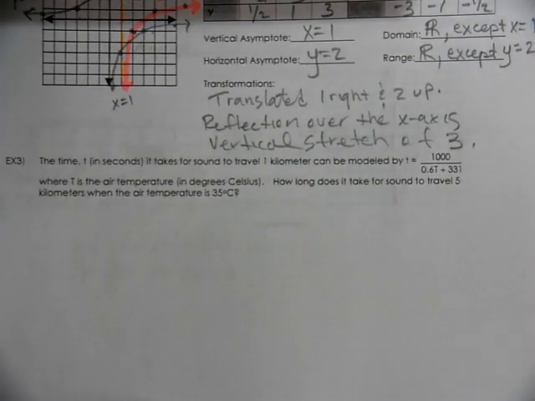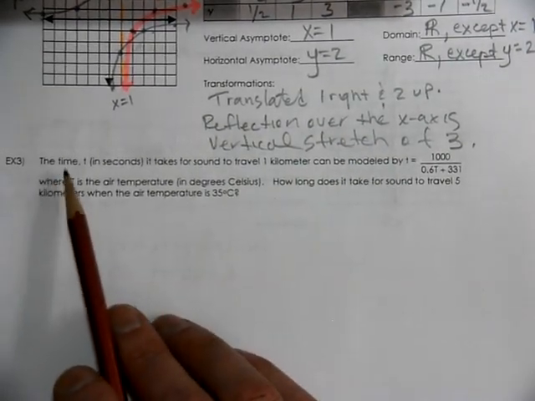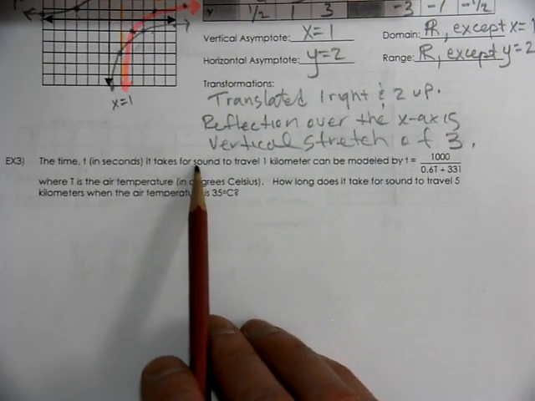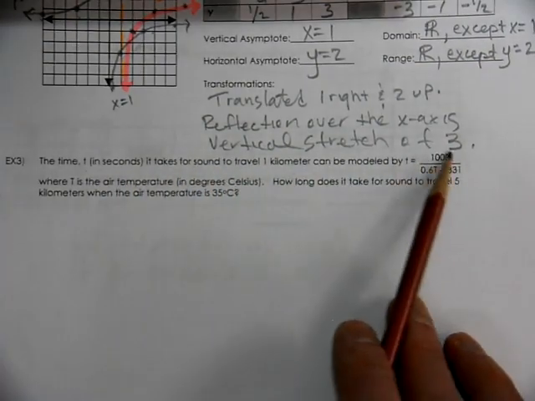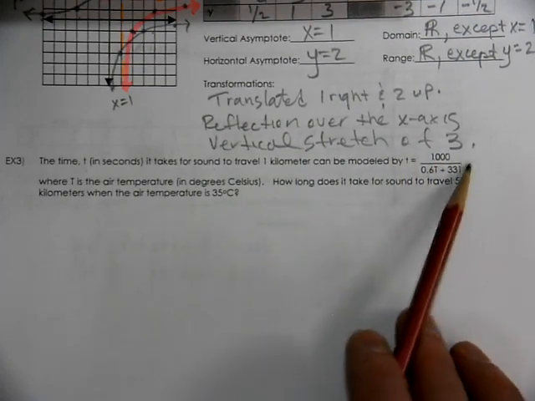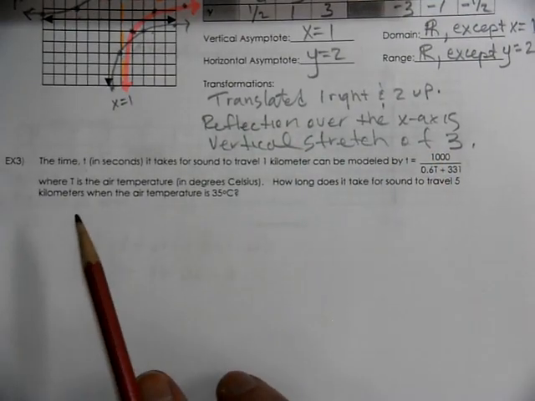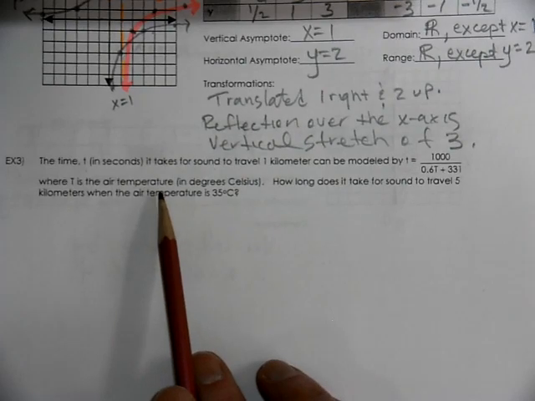Okay, last story problem. The time t in seconds that it takes for sound to travel 1 kilometer can be modeled by this crazy equation, where T is the air temperature.